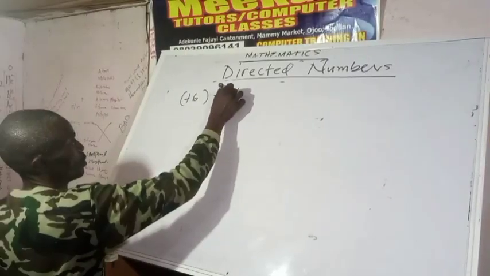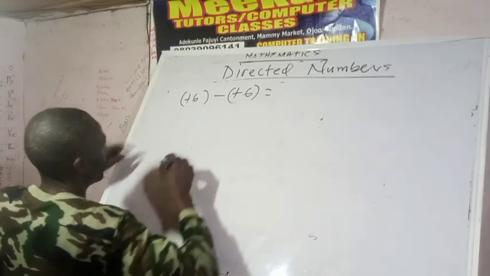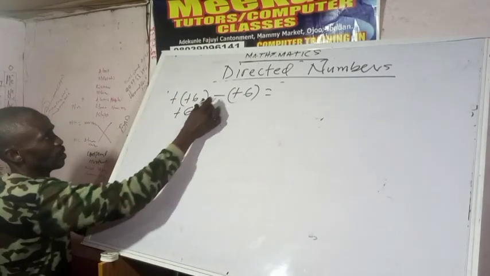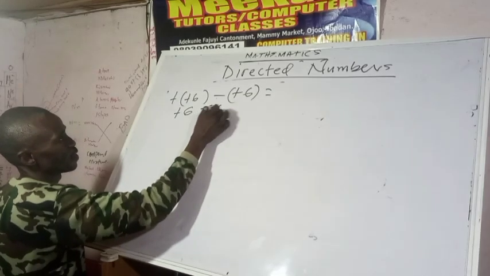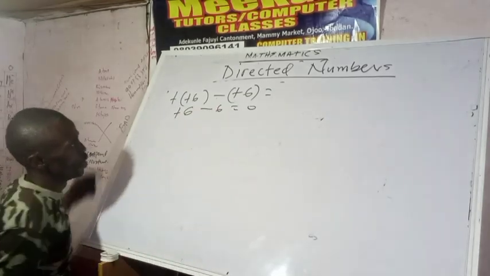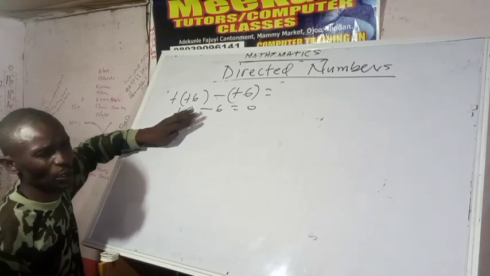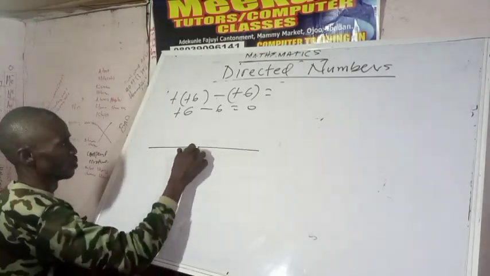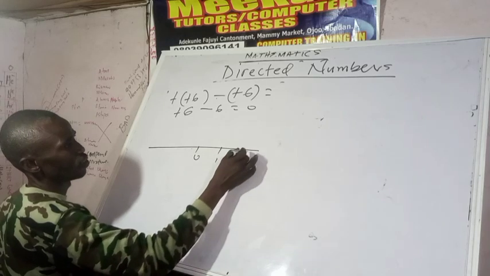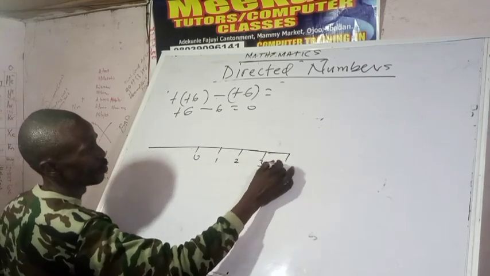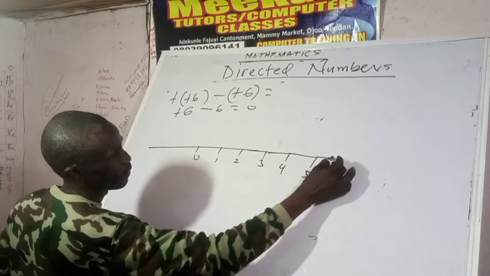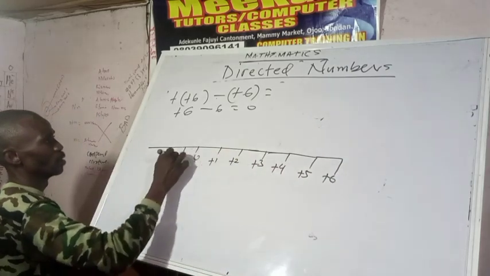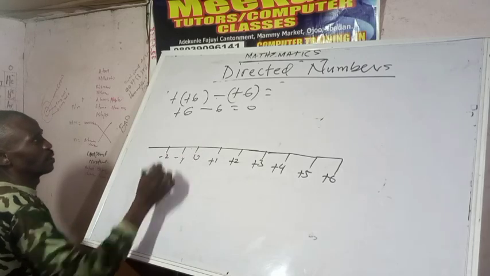Minus plus 6. Open out this one by putting plus. Plus times plus, plus 6. Plus, minus times plus, what do you have? Minus 6. Of course, you're supposed to give me 0. If you cannot arrive at this one, use number line. 0, 1, 2, 3, 4, 5, 6, plus, plus, plus, plus, plus, plus, minus 1, minus 2.